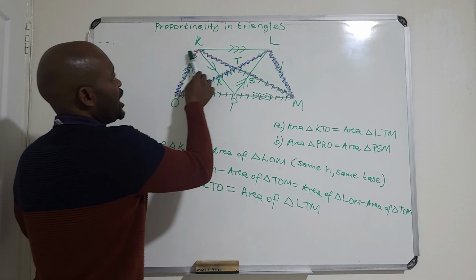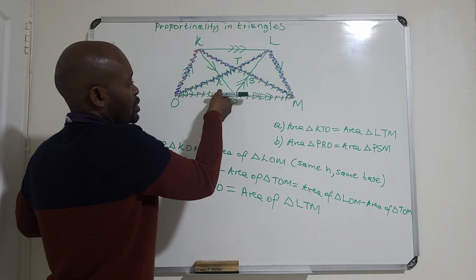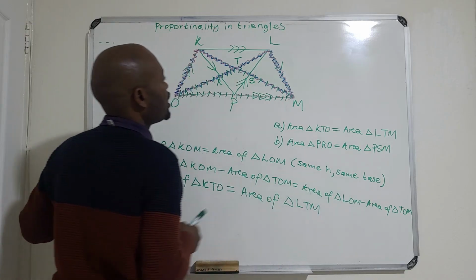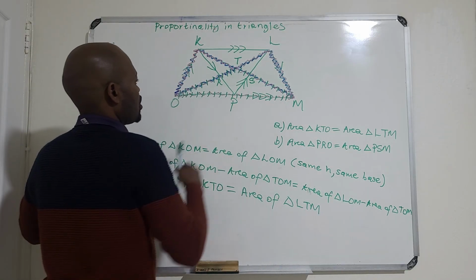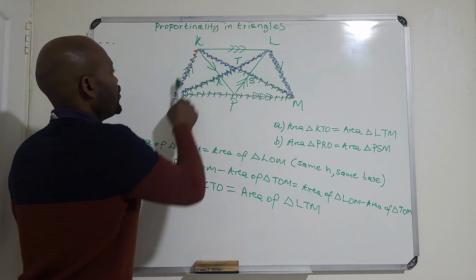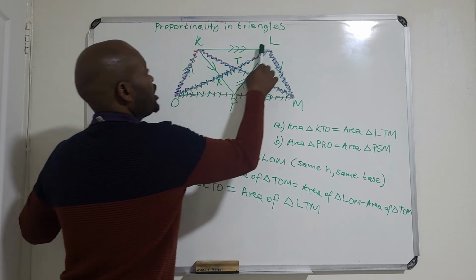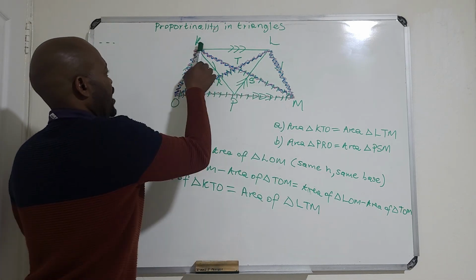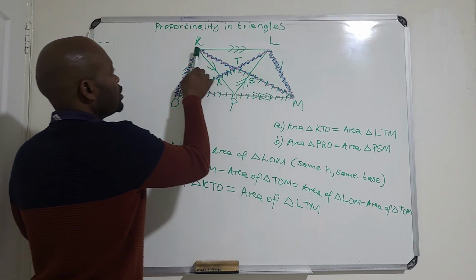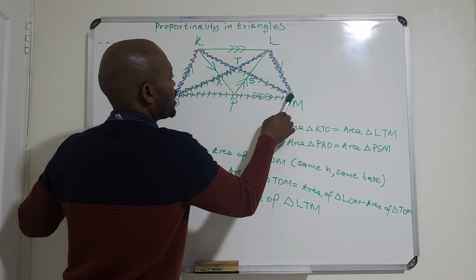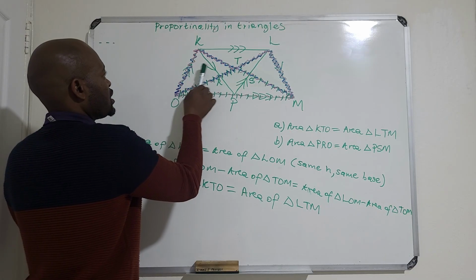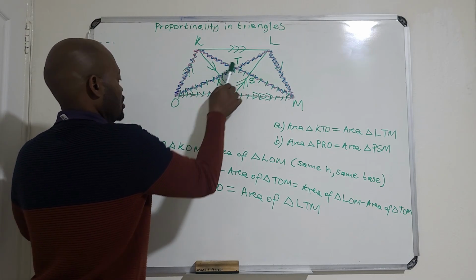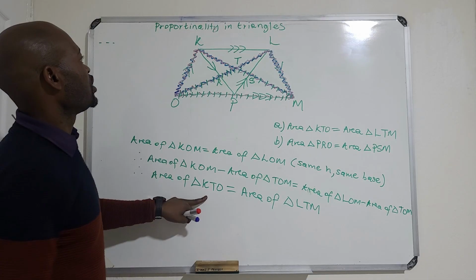Since they've got the same height and same base, same base OM. Since these two triangles are equal, if I take this triangle minus this triangle, I get this triangle, which is KTO.